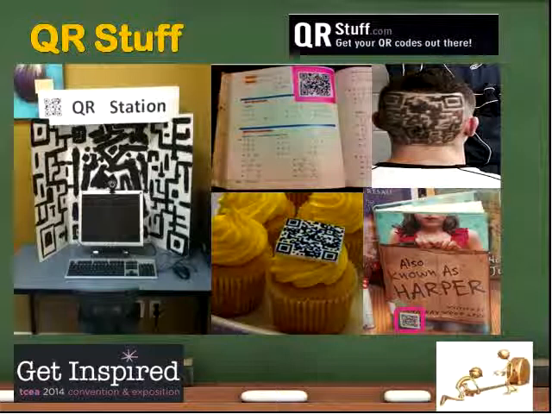They're putting them on clothes, jewelry, all kinds of things. And you can put it in an old textbook that might be out of adoption that takes them to a video if they're having trouble with that mathematical algorithm or concept or science process. Then they can go and view a video that helps them through that. And you can advertise things by putting them on all kinds of baked goods.